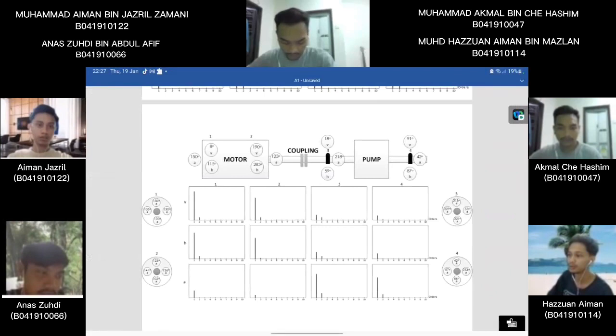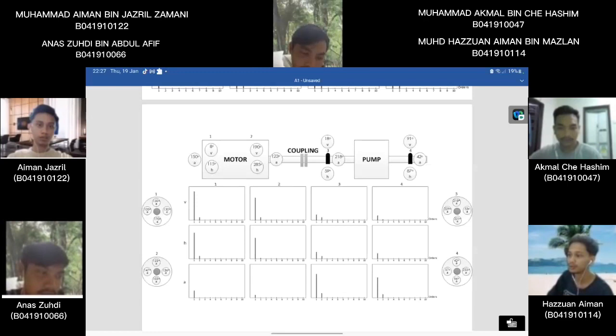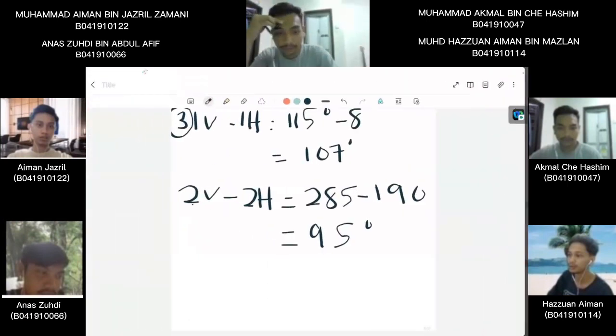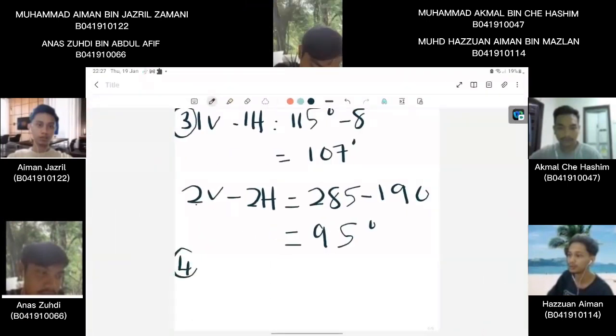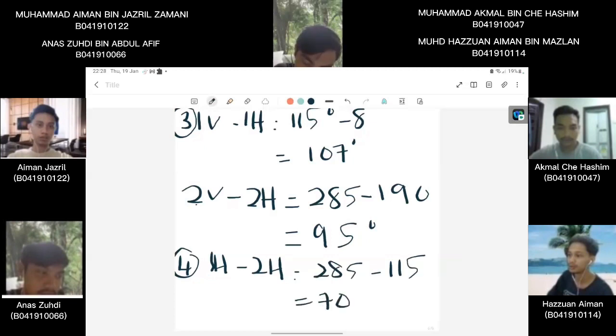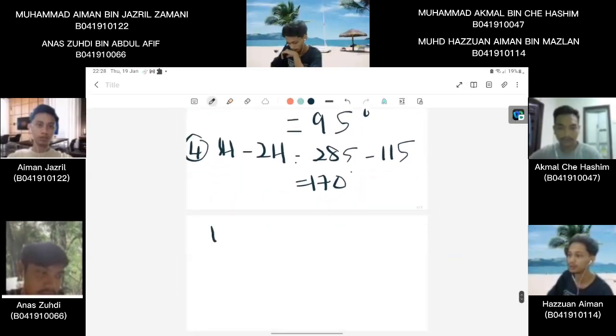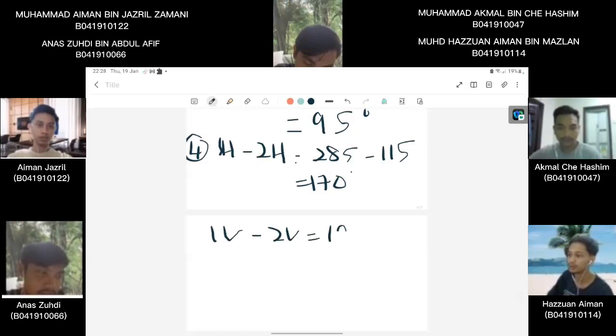Next we need to know which type of unbalance it is. We need to calculate 1h minus 2h and 1v minus 2v for the last criterion. The fourth is 1h minus 2h equals 285 minus 115, and we got 170. Then 1v minus 2v, we got 190 minus 8, which is 182.